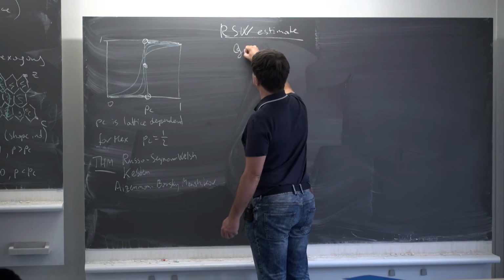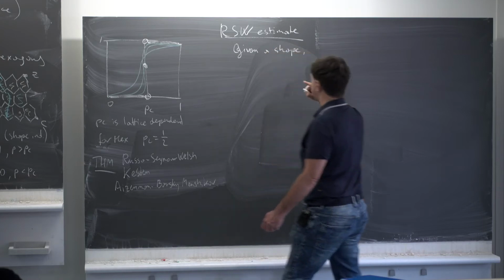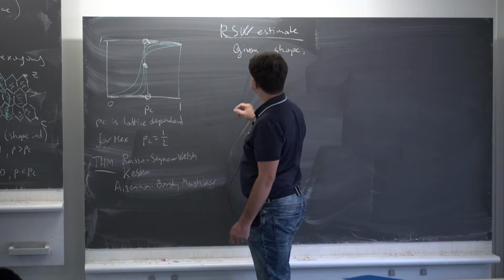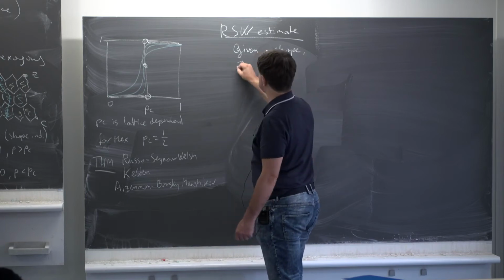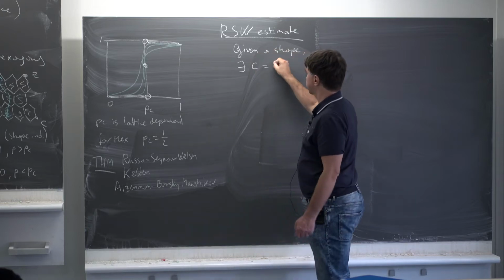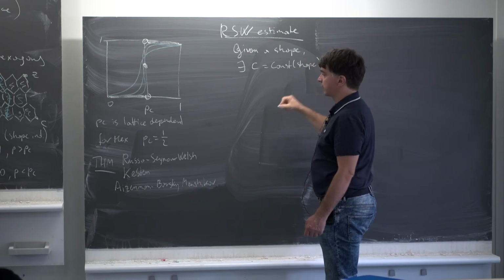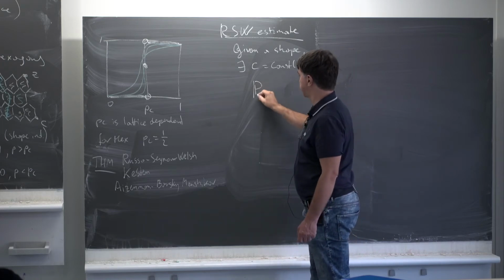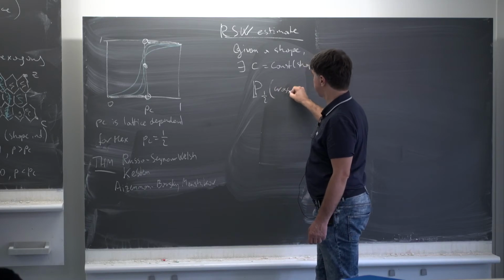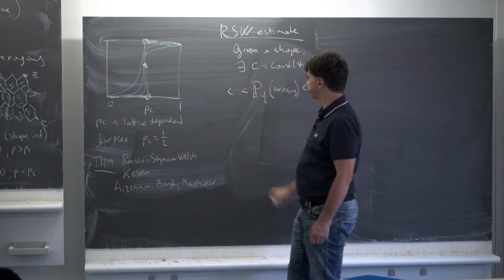Given a shape, there exists a constant C, a constant of this shape, so that the probability for P equal 1/2 of the crossing is smaller than 1 minus C and bigger than C.